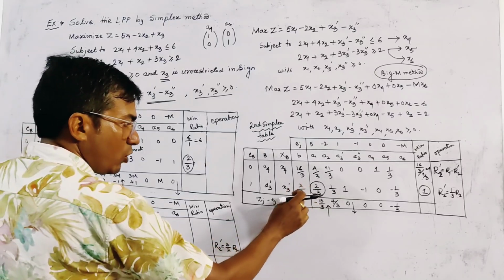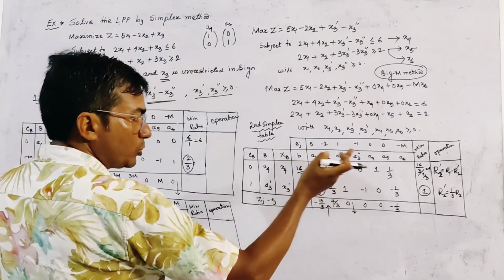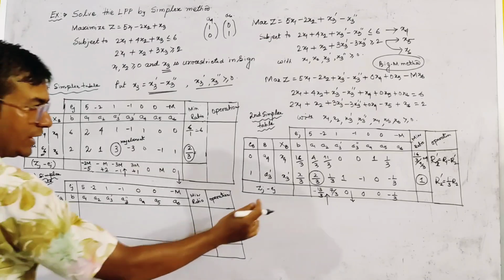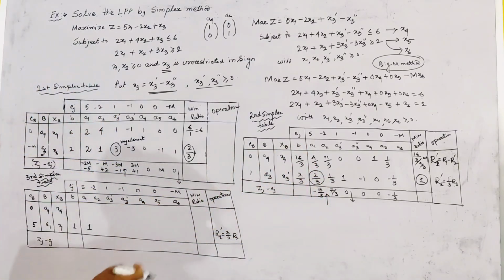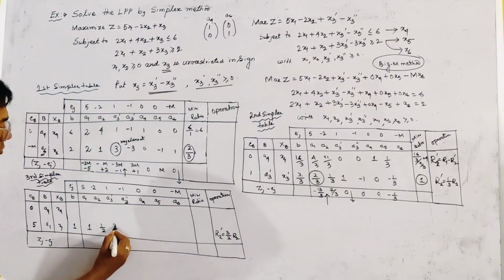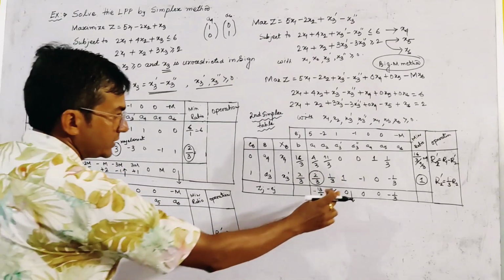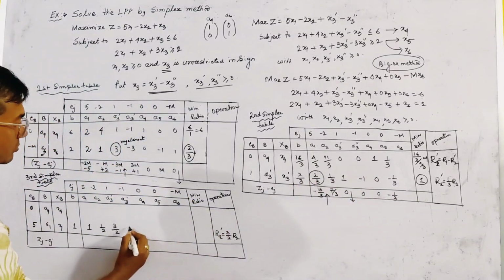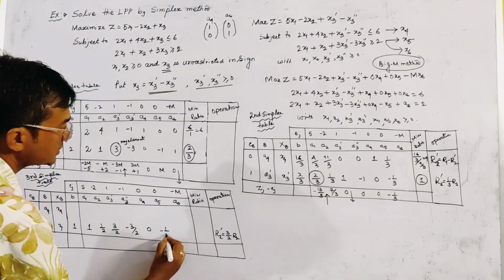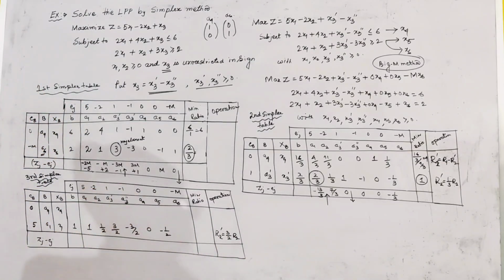So we multiply all the elements of the row by 3 by 2. And 1, this is also 1, and 1 by 3 into 3 by 2 is given by half, and this element is 3 by 2. Okay, and this is minus 3 by 2 into... minus 3 by 2, this is given by 0, and this is given by minus half.